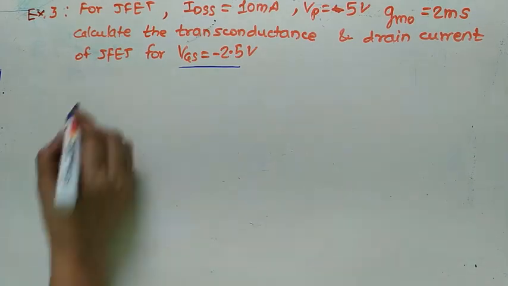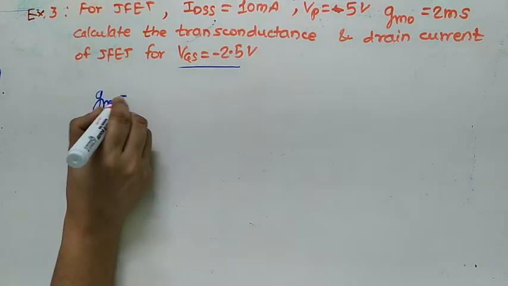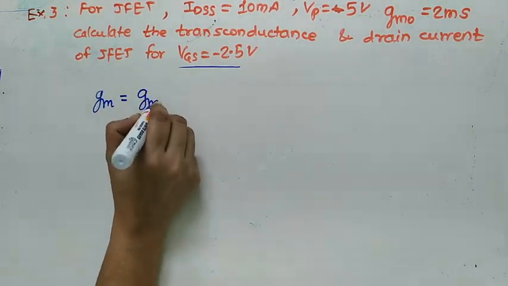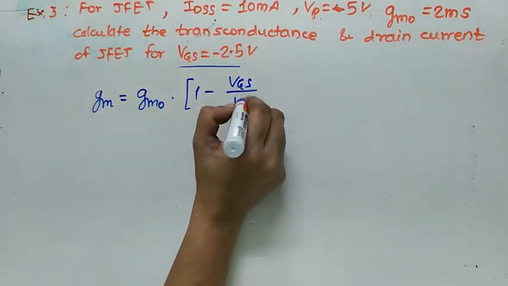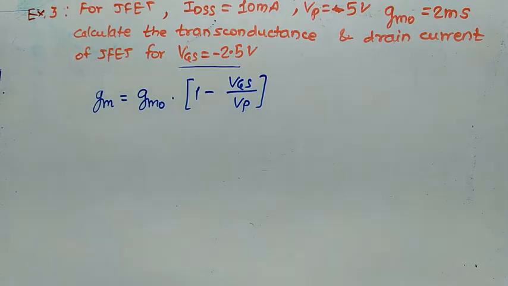So for transconductance we have the formula Gm is equal to GMO into 1 minus VGS upon Vp. GMO is given, VGS is given, Vp is given, so there is no difficulty finding this.